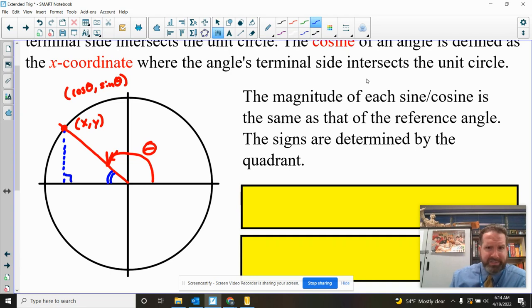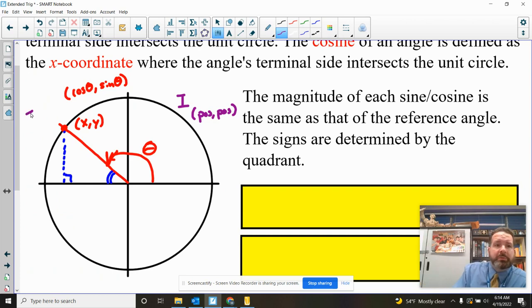Now, speaking of quadrants, this is where you get the signs, the positives and negatives of your sine and cosine values. Think about your first quadrant, quadrant 1. You have x's being positive and y's being positive. So if you have an angle that ends up in quadrant 1, your sine and your cosine are both going to be positive numbers.